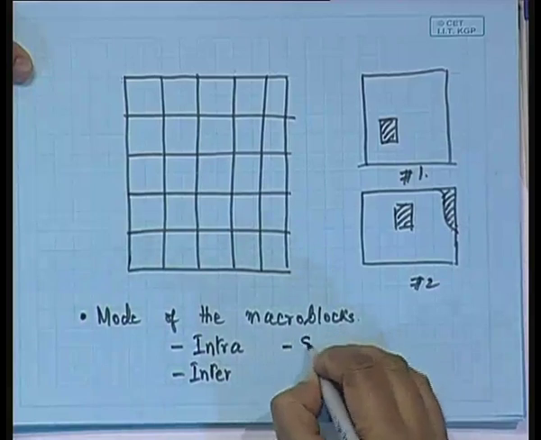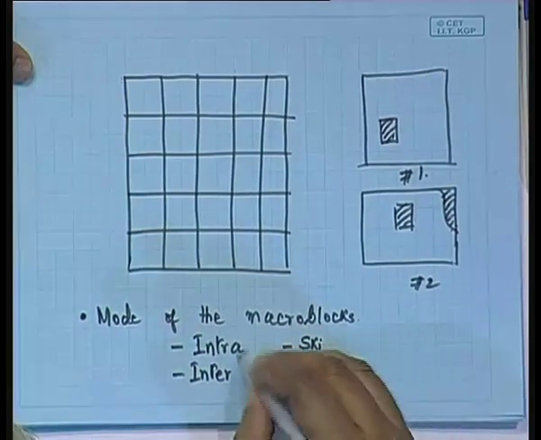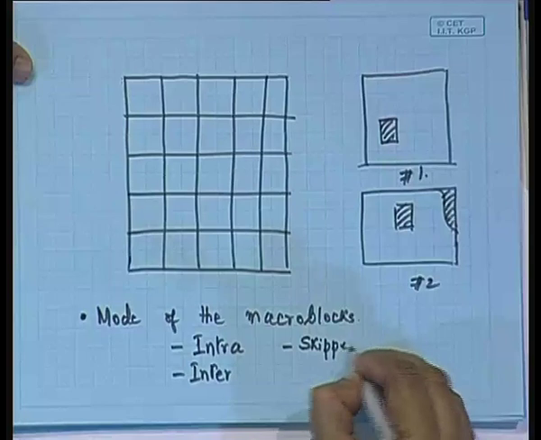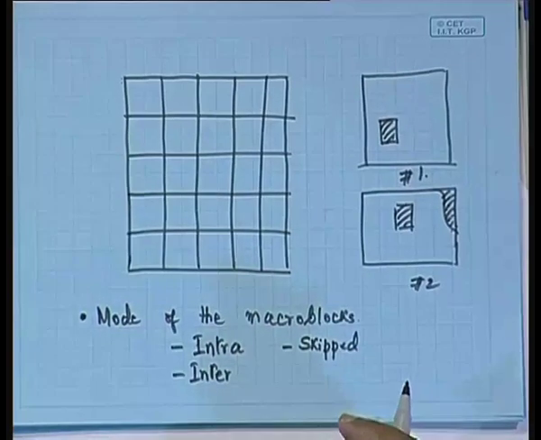Motion vector for those macro blocks is going to be 0. So, the best thing you can do is skip encoding those macro blocks. So, there is also a skipped mode that is defined. So, the mode of the macro blocks could be inter, intra, skipped, and within inter also there is a variation, whether you want the forward prediction to be on or the backward prediction to be on, all these different modalities are possible.